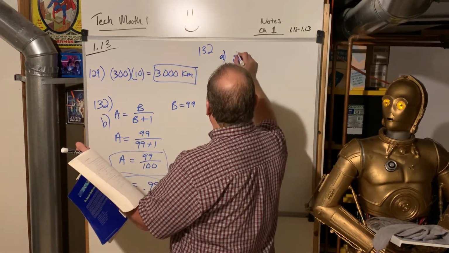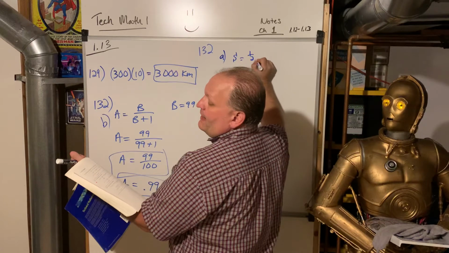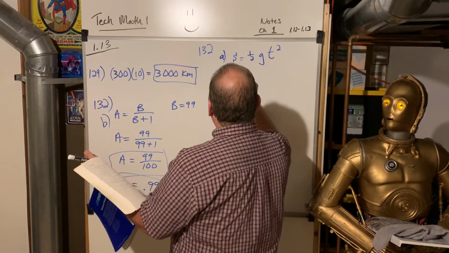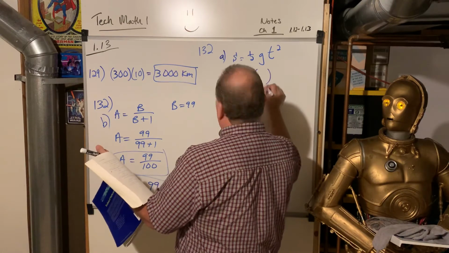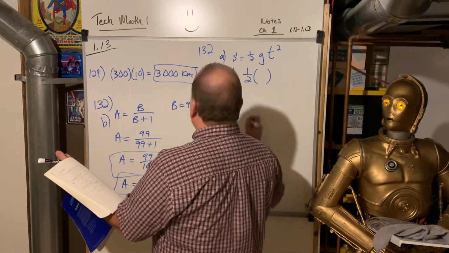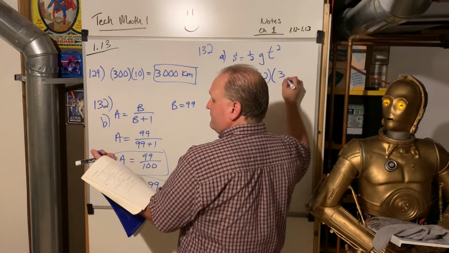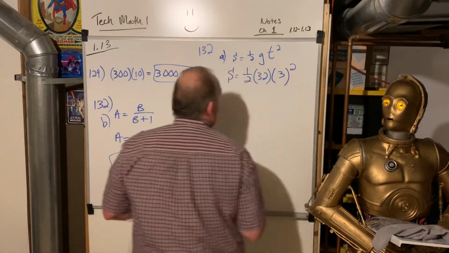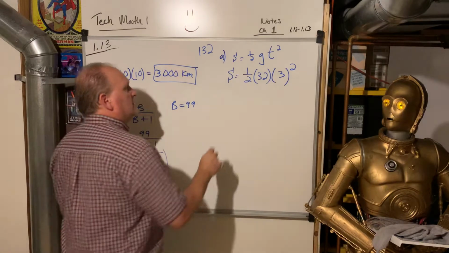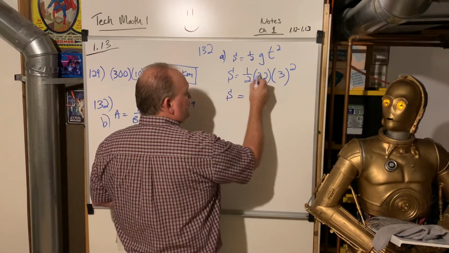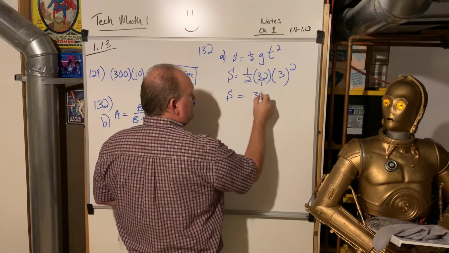It is not. S is equal to 1/2 GT squared. S is equal to 1/2 times G they said was 32. T they said was 3. And then squared. Okay. So let's take a look. We got S is equal to, remember when we multiply fractions, top times top, bottom times bottom, so it's 32. Oh, wait.